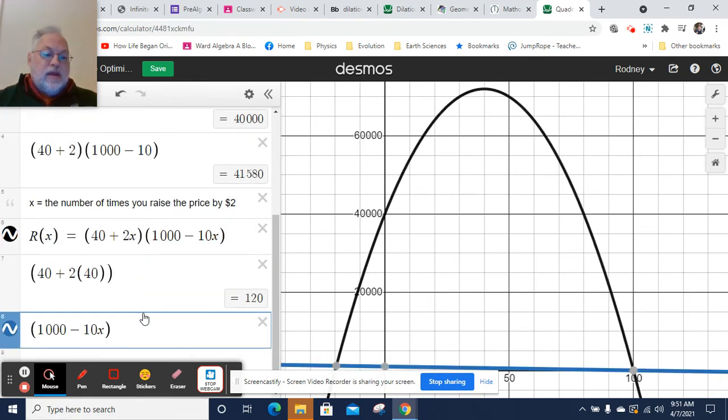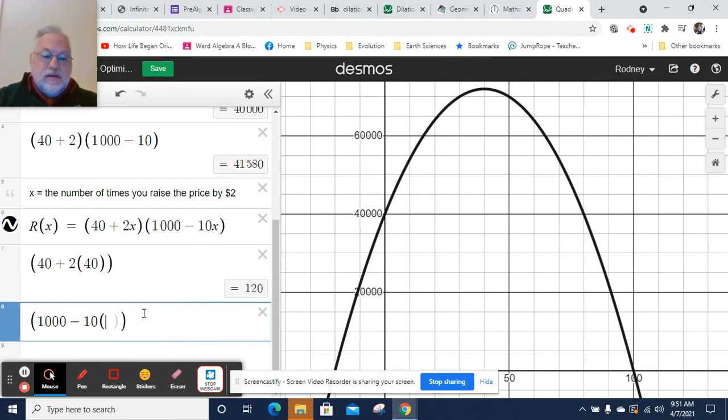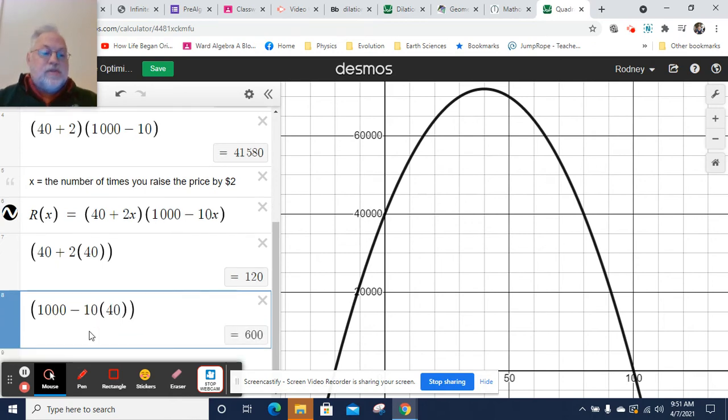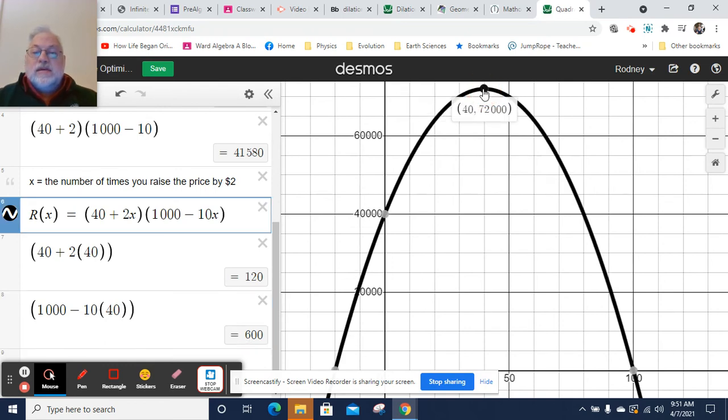And once again, we can replace x with 40 because you've raised the price 40 times. Each time you lost 10 customers. And so you're now at 600 customers. But even though you've lost 400 customers, your new price is making you a lot of money. So 600 times 120 is going to get you this high revenue mark of $72,000. And so you're in the money.